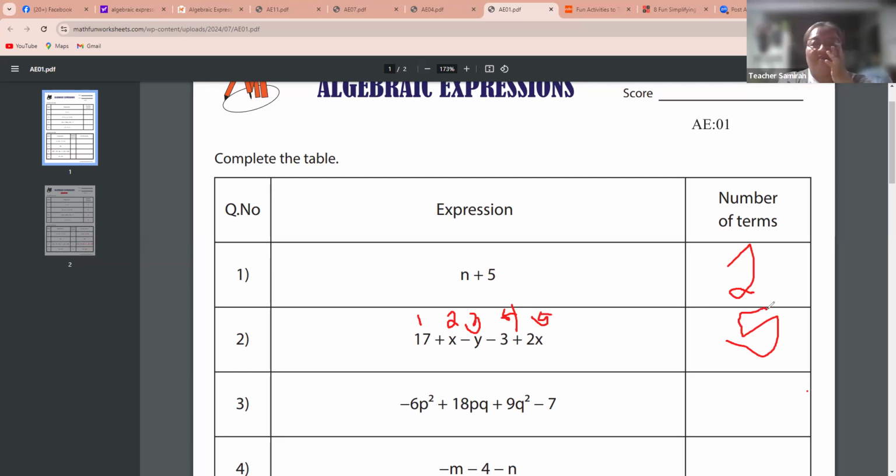How about number 3? 4? Is it 4? 1, 2, 3, 4. So let me write the answer 4 according to Mark. I think Mark will be able to understand this now.